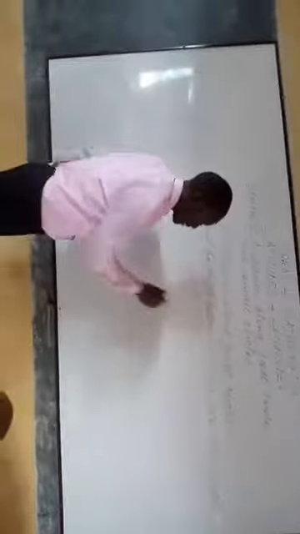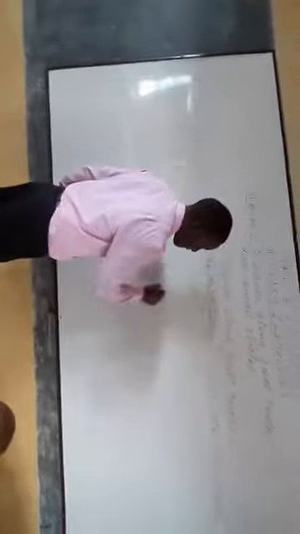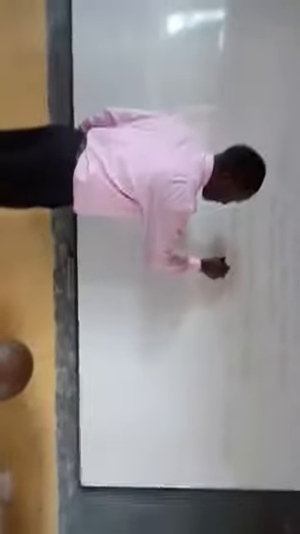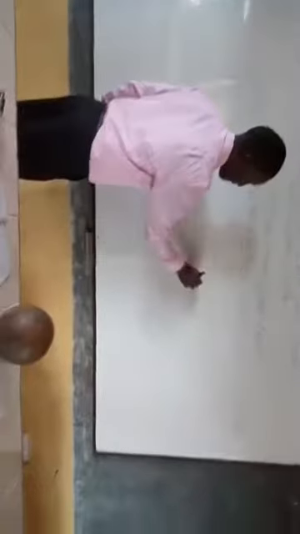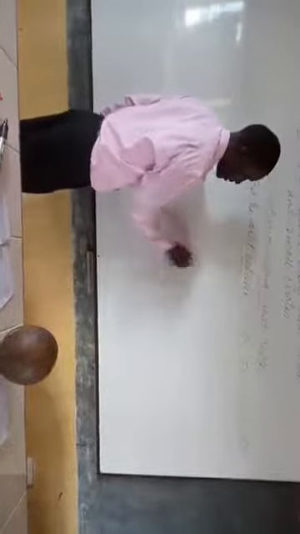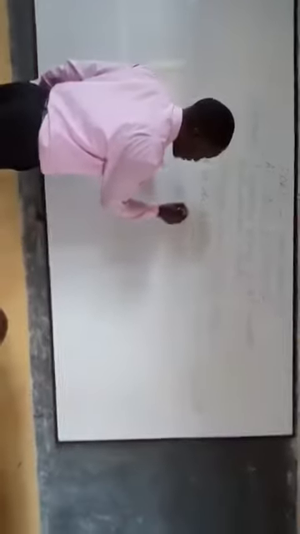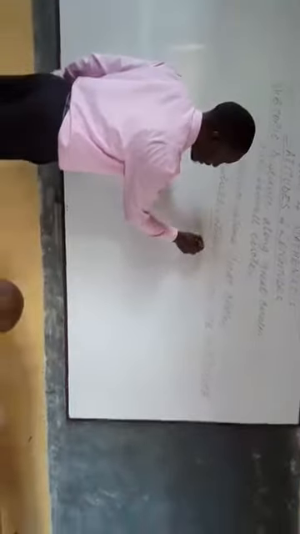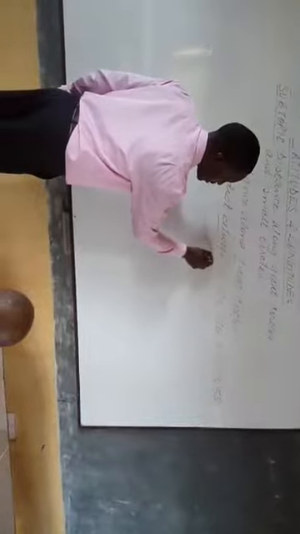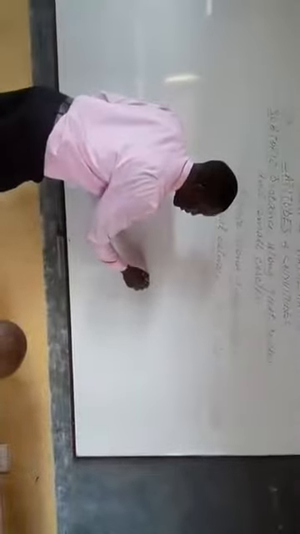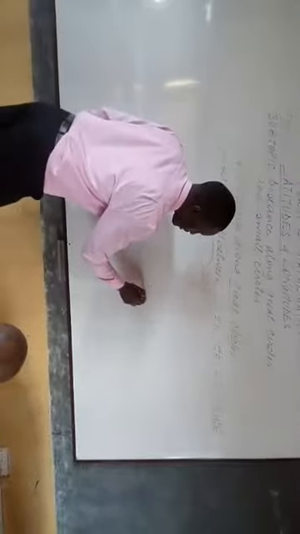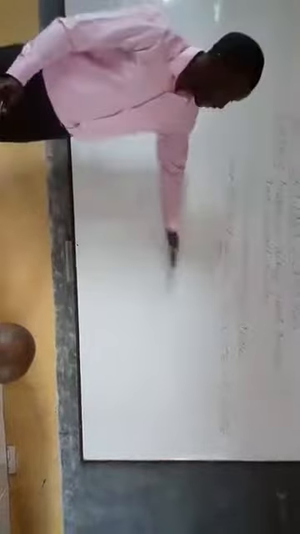So let's put a diagram here to assist us, to see the location. This being the North Pole, I'm going to put now a latitude here. We call it 23 degrees north. I'm also going to put another one down here. We call it 37 degrees south. Of course, in between, we have the equator.